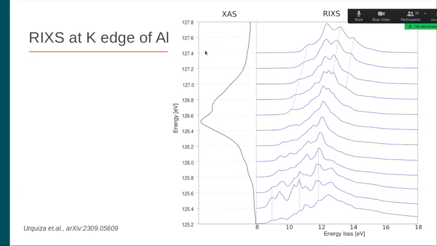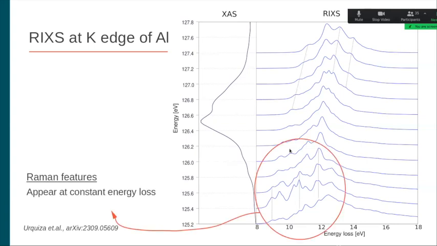And here we have the X-ray absorption spectra, because it is always helpful when we calculate it or when we do an experiment to have this reference to see, at each energy that we are exciting, where in the X-ray absorption we are. And especially because the behavior is quite different if we are exciting in this region or in this region. So we can identify two different kinds of features in this spectrum.